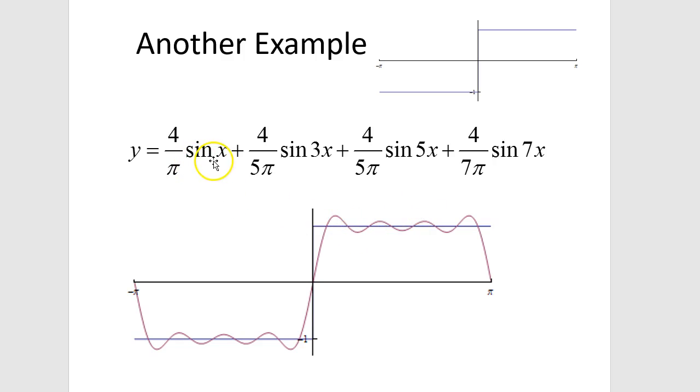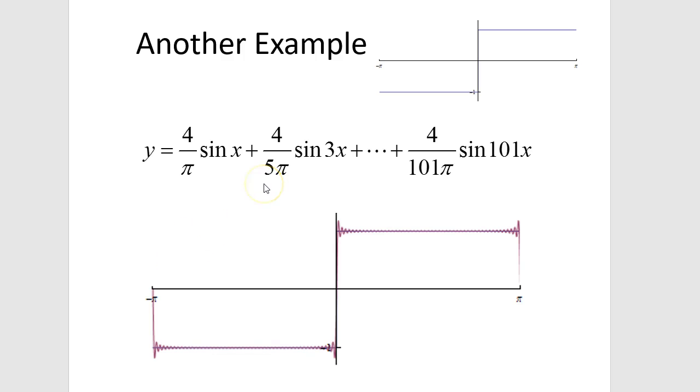And the answer that we come up with here is that sine x, sine 3x, sine 5x, sine 7x added up in this way will produce something similar to the step function. Again, you might not be impressed, so let me show you something much larger. Here's a sum of sine of odd multiples of x: sine x, sine 3x, sine 5x, and all the way up to sine 101x with some strange coefficients, which adds up to produce this purple graph, which is very close to the step function that's given to us, right?